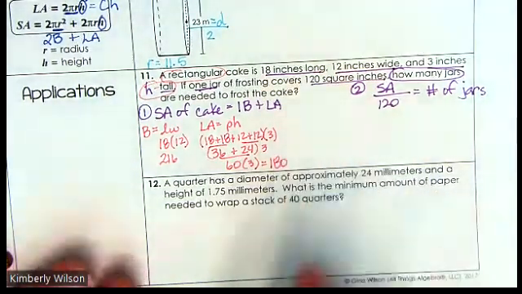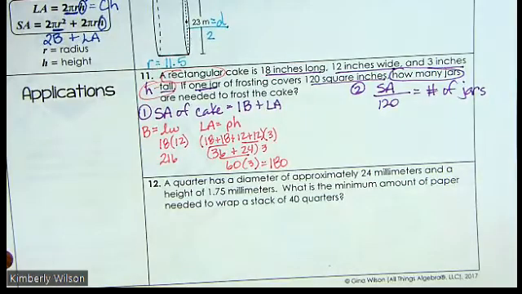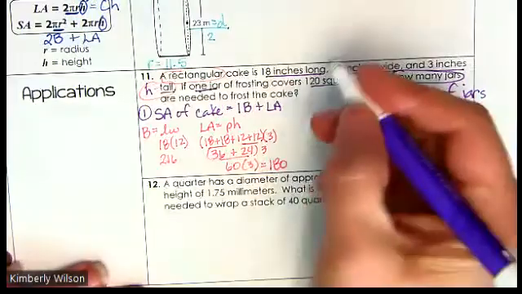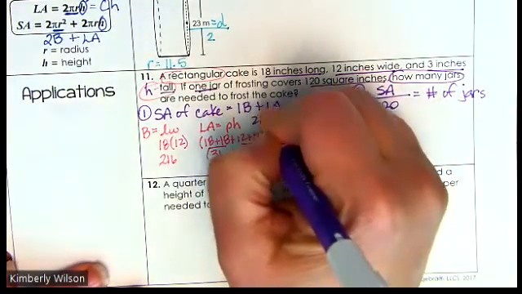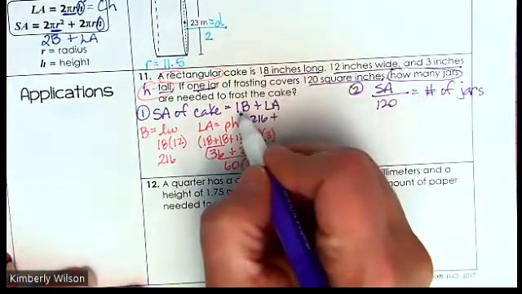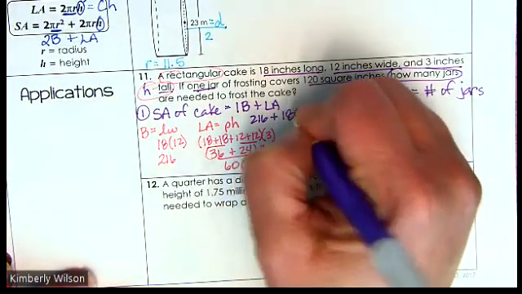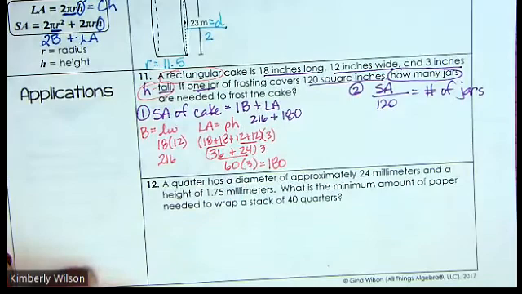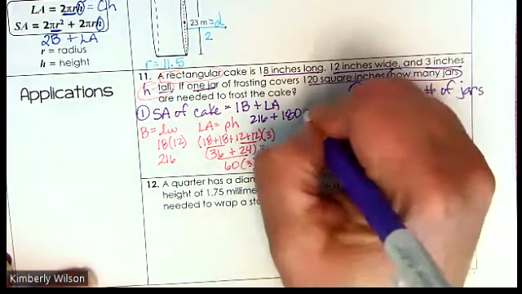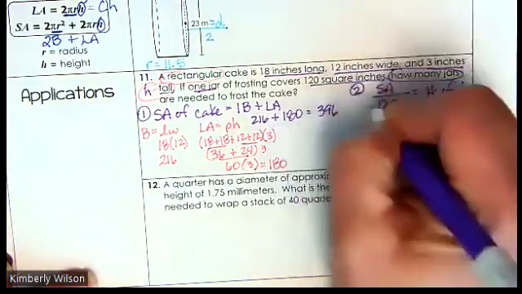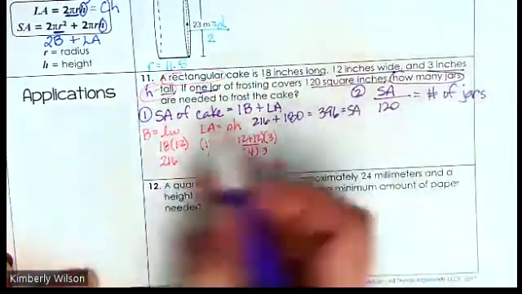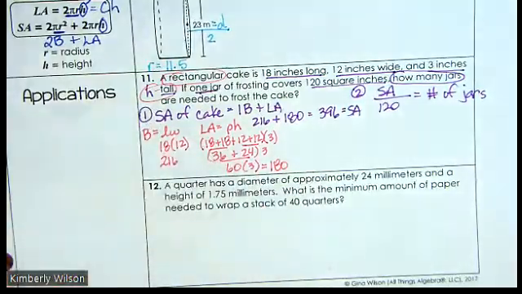All right, so now we plug it in and go. So I'm going to have 216 plus, because there's only one, so I don't have to multiply it times 2. So it's 216 plus 180 equals 396 is the surface area. So that's the step 1, but that's not my answer. I'm not finished.